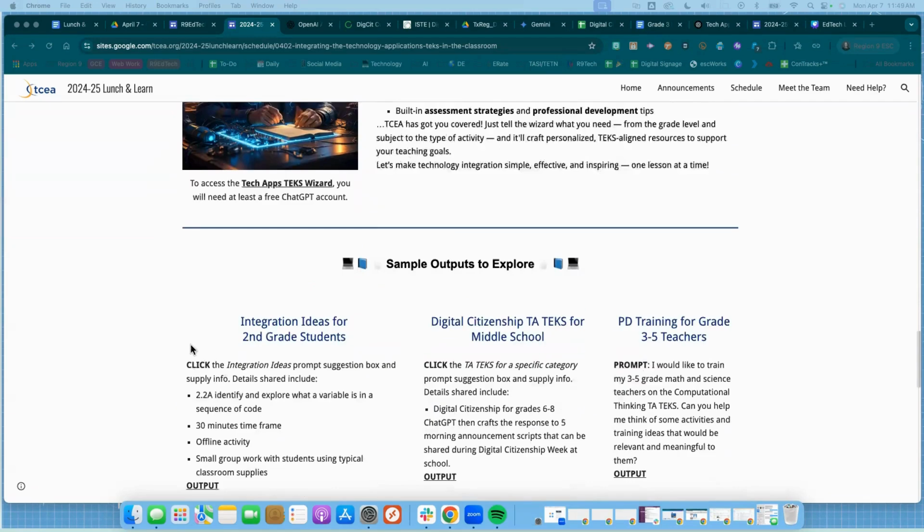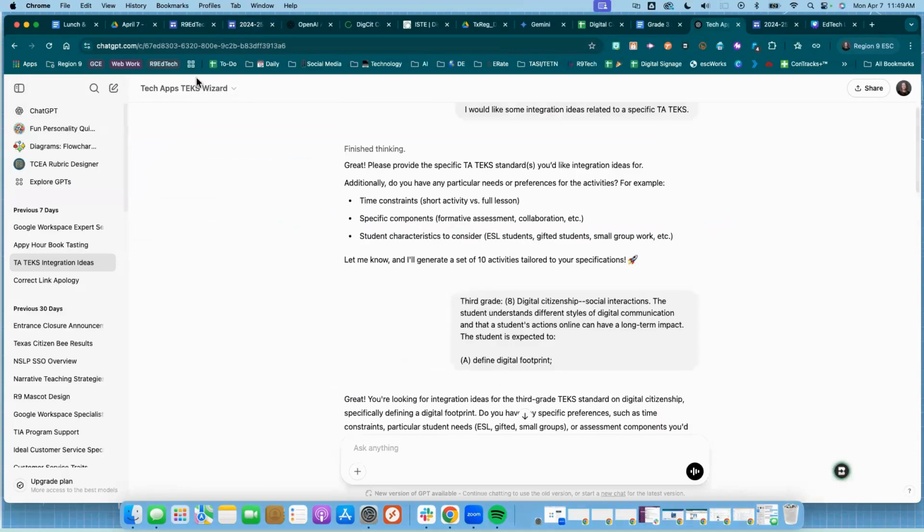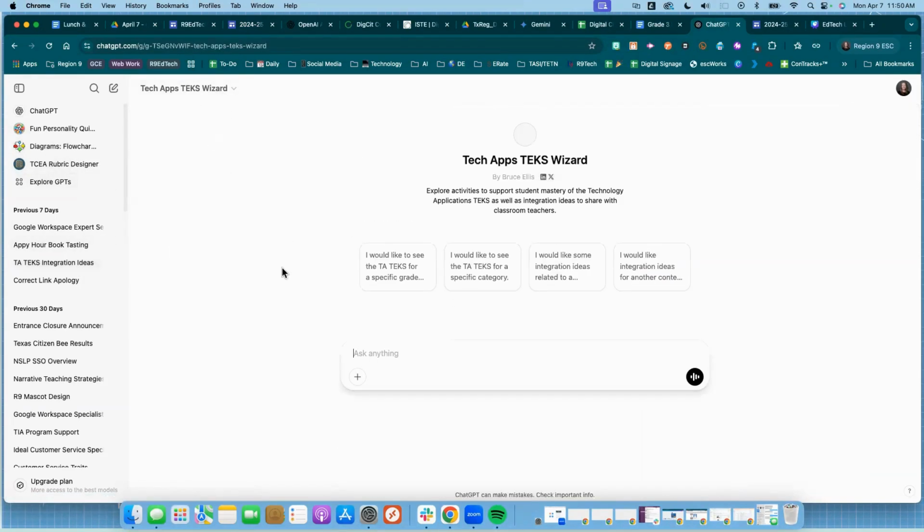So they showed you a couple of outputs as well. If you look, there are little different tabs on it. Let's see if it'll let me start a new one here. New chat, there we go. There's some little tabbed options on what you can do with it as well.